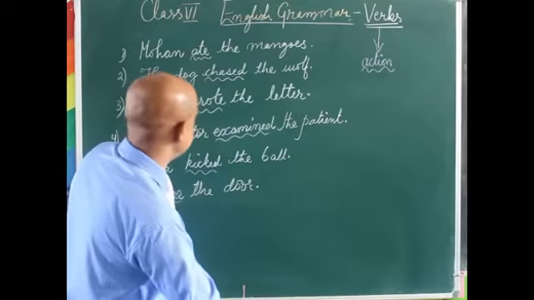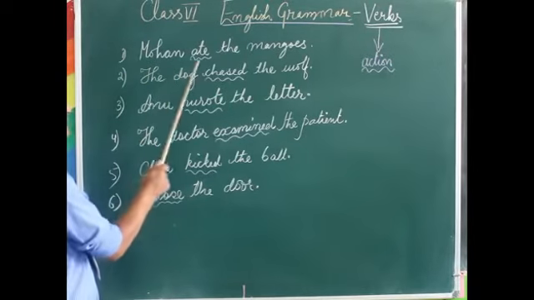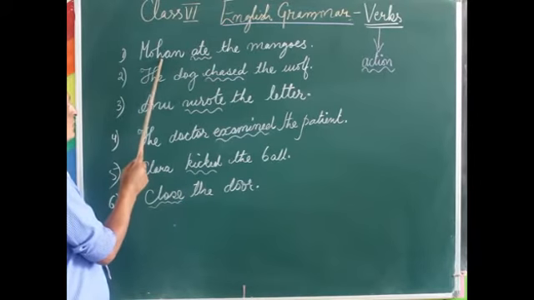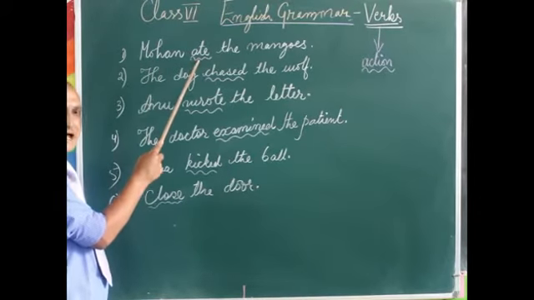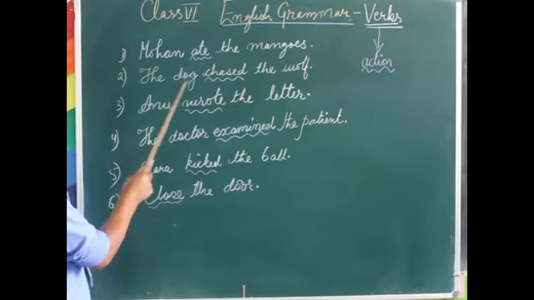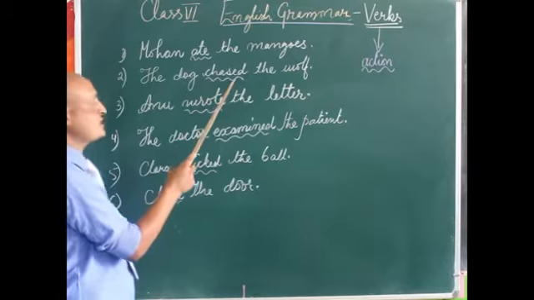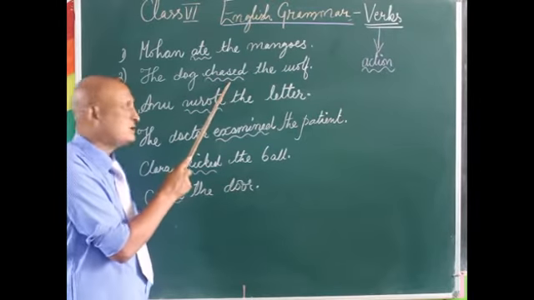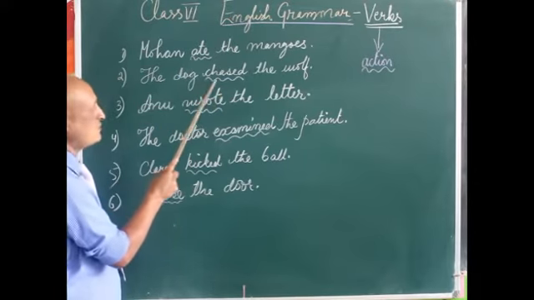In the first sentence, Mohan ate the mangoes. So what is Mohan doing? Mohan ate. The action here is that he is eating. The second sentence, the dog chased. The verb is chased. What is the verb chased denoting? It's saying that the dog chased what?